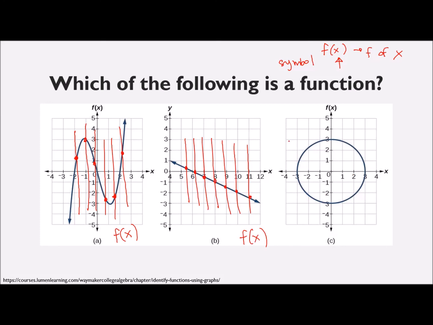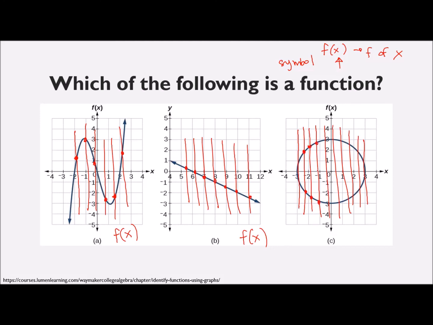Now, letter C. Pabilog naman siya. So, kung mapapansin nyo, drawing ako dito ng mga vertical lines ulit. Kahit saan mo dalhin yung vertical lines na yan, dapat daw iisang point lang ang na-intersect. Pero, kung mapapansin nyo dito, meron tayong dito sa taas at meron tayo dito sa baba. So, it only means that nauulit ang value ng x dyan.